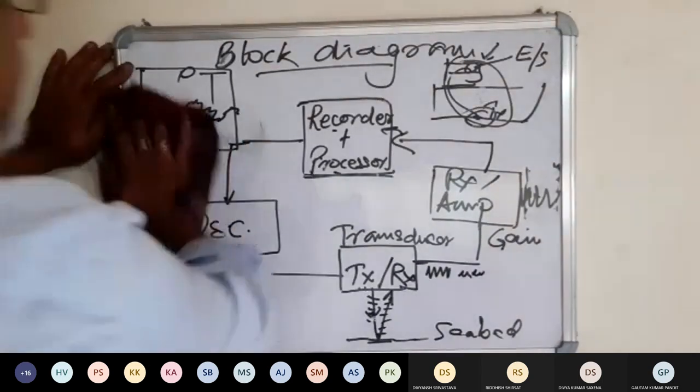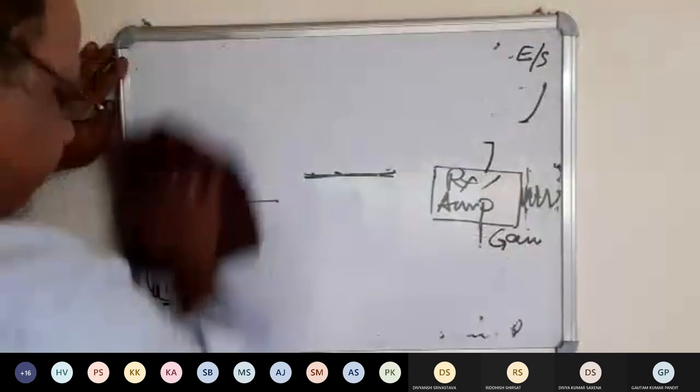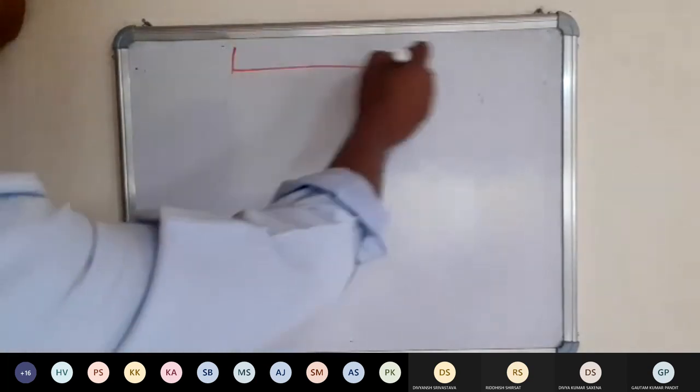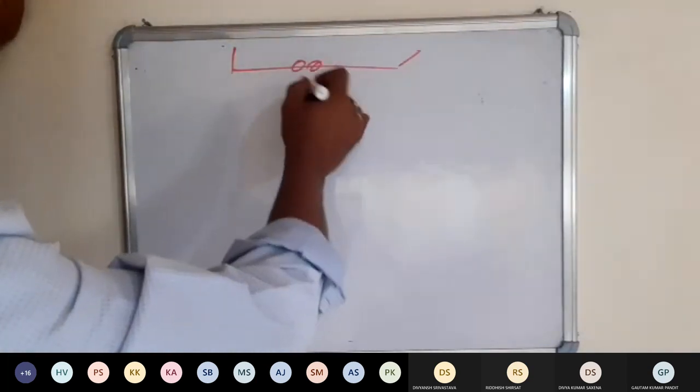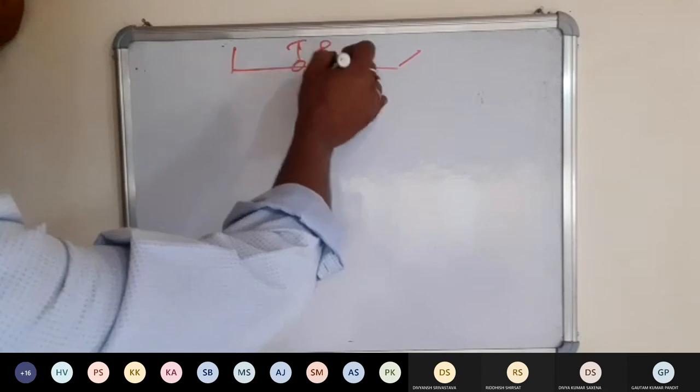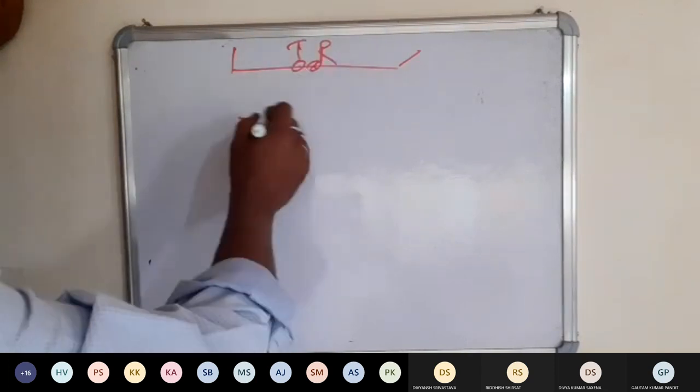All right, so block diagram हो गया. There are two types of transducers, as we said always. यहाँ पे transducer होता है transmission के लिए और reception के लिए. There can be two types.